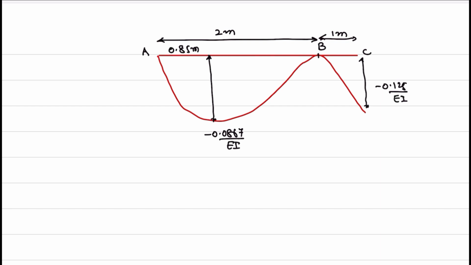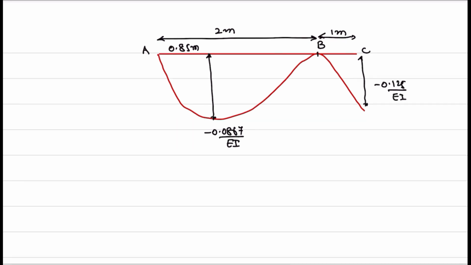This is what we have got. Here we have found out the maximum deflection between A and B and also the maximum deflection between B and C. The maximum deflection is at the free end.